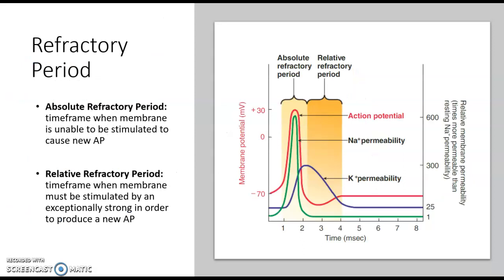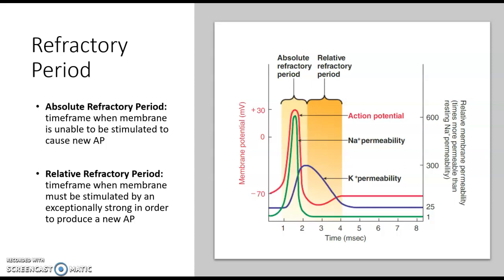All right, so that refractory period that we mentioned a minute ago, there are 2 parts of it. There's the absolute refractory period, when that area of membrane is not able to be stimulated at all to propagate an action potential. This would be during that depolarization and repolarization phase, in which that membrane is already undergoing depolarization past its threshold, or it's repolarizing, in which it's still above that threshold, so it is not able to be stimulated again.